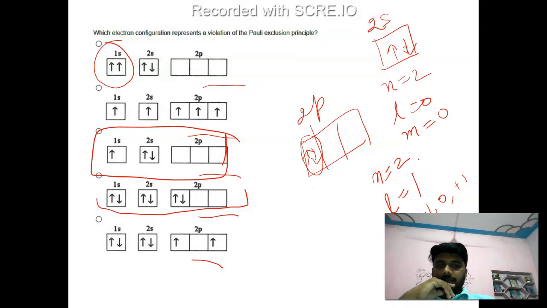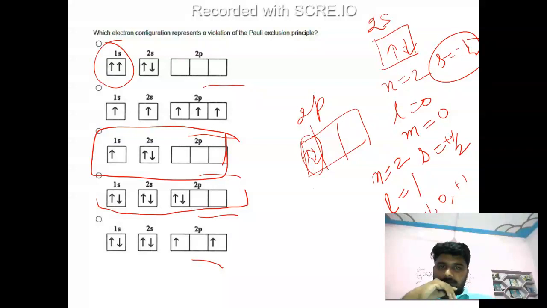But the spin value will be plus half for one electron and minus half for another electron. So this quantum number will be different, and this option doesn't violate the Pauli exclusion principle.